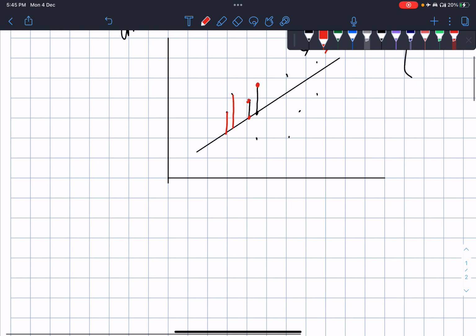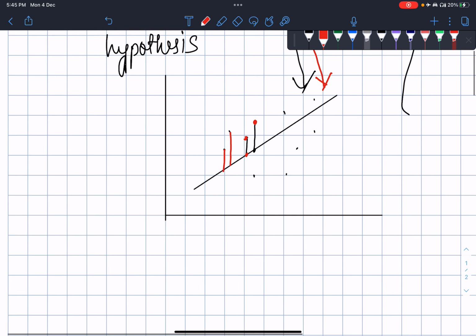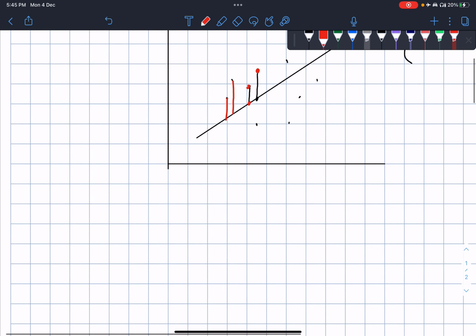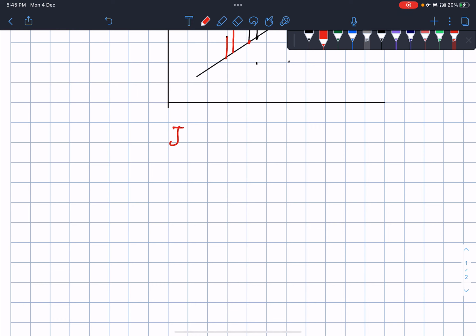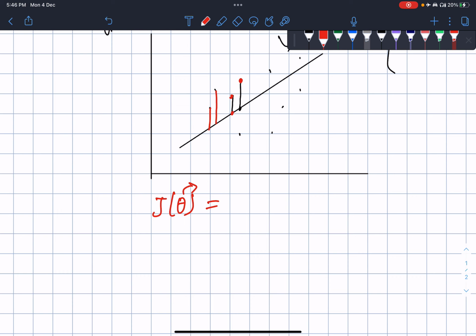Now we have to make another function which takes care of the error. So we make a function g of x. Let's name it g of theta, which measures, for a given theta, how far the predicted value is from the data.